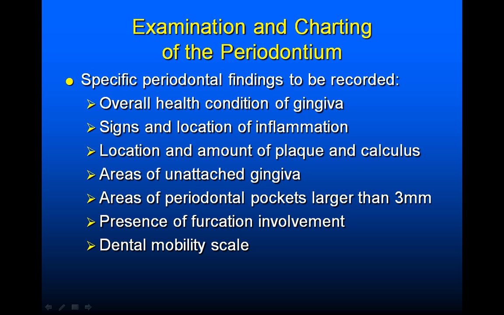so that they don't progress any deeper. If there is presence of furcation involvement, that refers to multi-rooted teeth. If you remember back to oral anatomy, a furcation is where a multi-rooted tooth splits from the trunk into 2 or more roots.